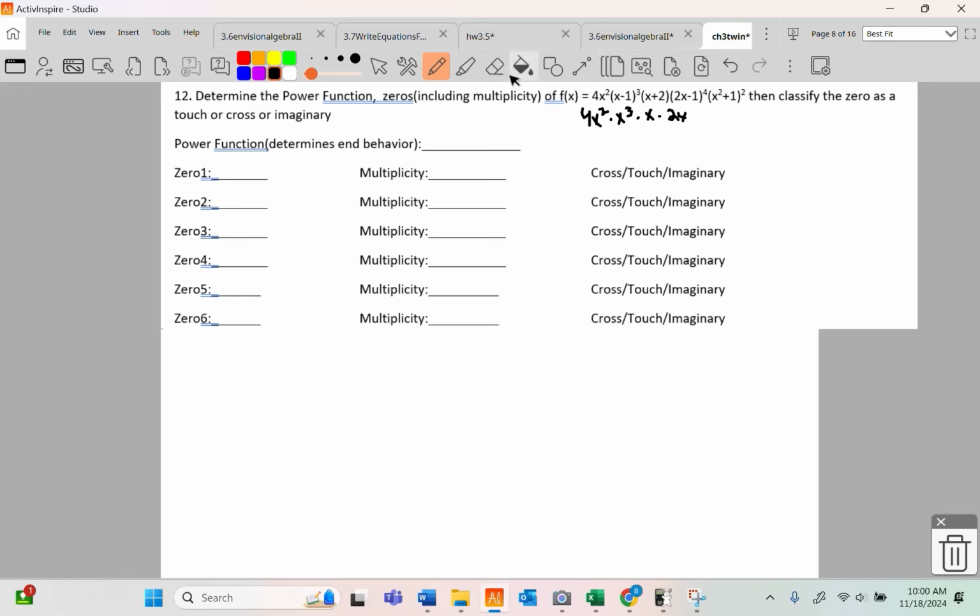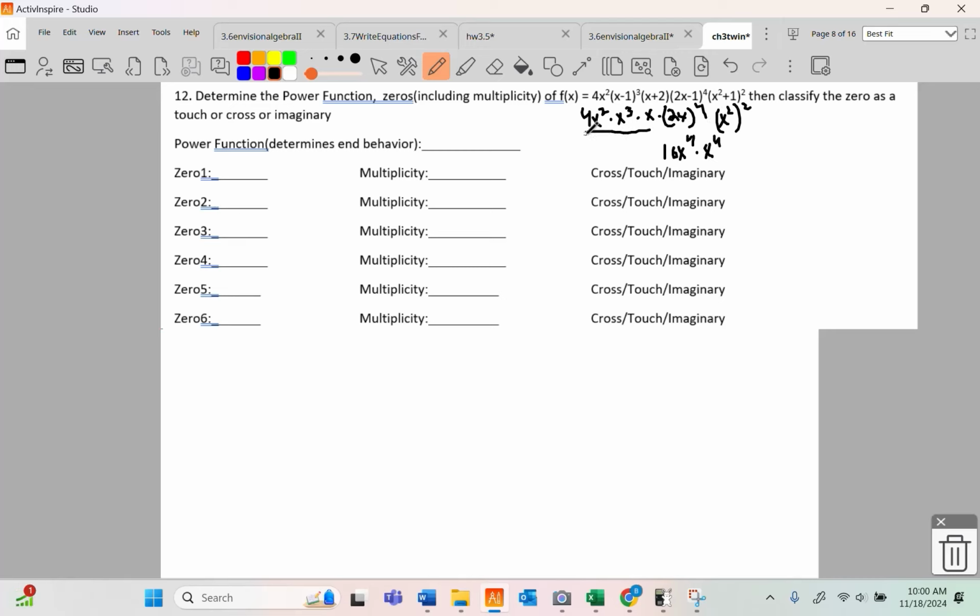Sorry, let me do this. And then x squared squared. So 2x to the 4th is going to be 16x to the 4th. X squared squared is x to the 4th.